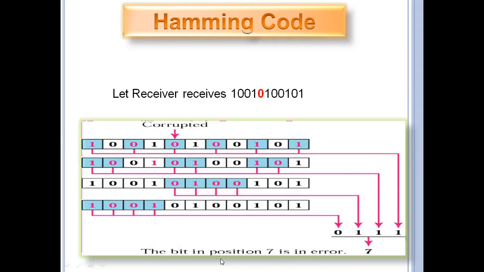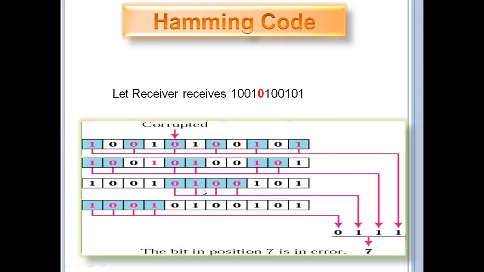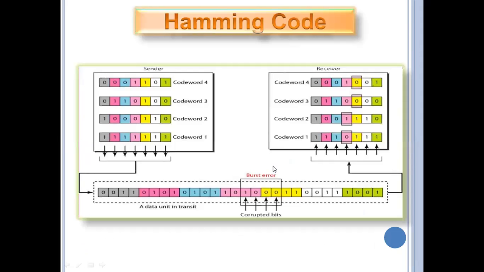That is 7, so the bit in position 7 is an error. The seventh bit here is 1, but the seventh bit there is 0. So we can easily identify the error.